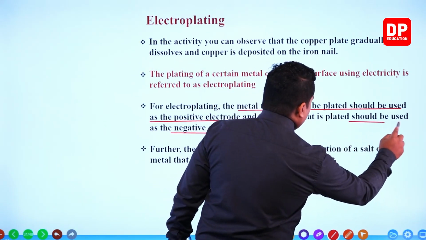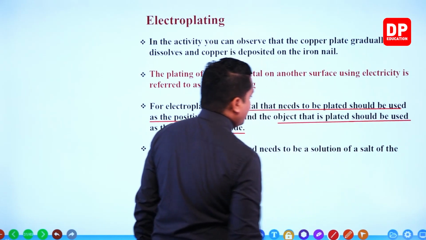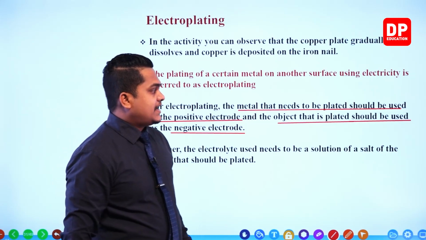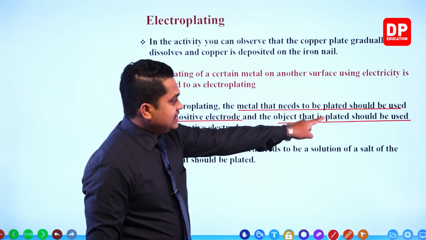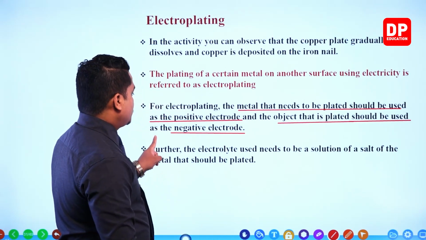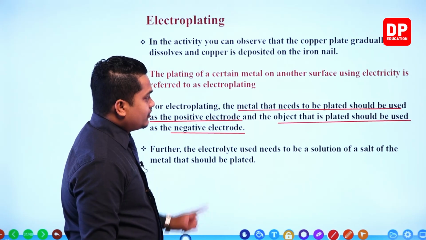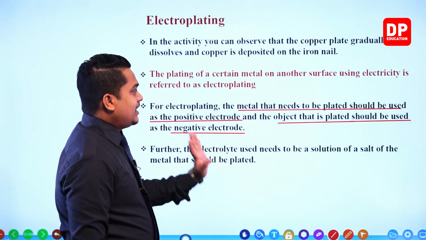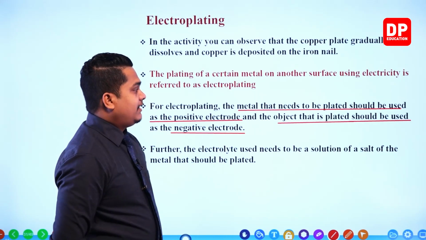The object which needs to be plated should be used as the negative electrode. The metal that needs to be plated on the particular object should be used as the positive electrode.